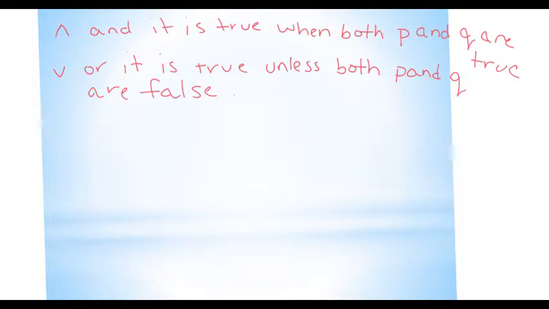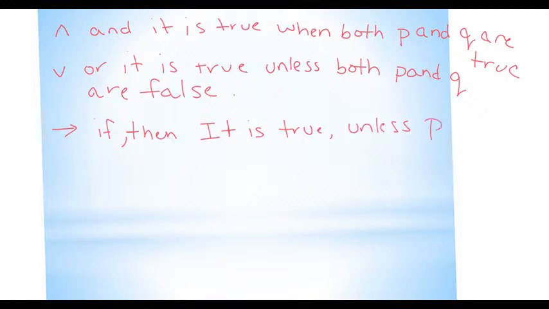Then we have our arrow, which is the if-then statement. It's our conditional. And it is true unless P, or the hypothesis, the first part, is true and Q, or the second part, the conclusion, is false.